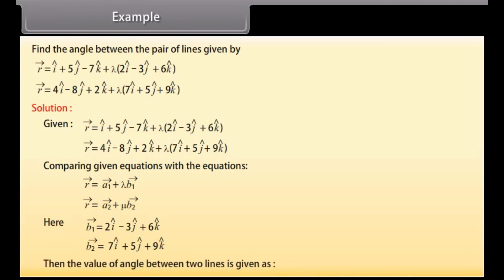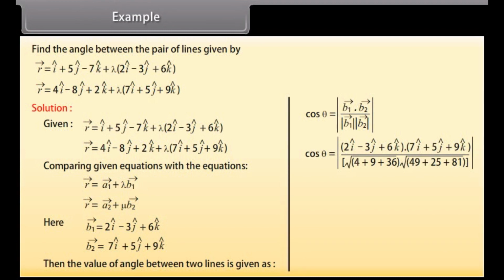Then the angle between the two lines is given as cos theta equals modulus of vector b1 dot vector b2 by modulus of vector b1 into modulus of vector b2. Cos theta equals modulus of the dot product of (2i minus 3j plus 6k) and (7i plus 5j plus 9k) divided by square root of (4 plus 9 plus 36) into square root of (49 plus 25 plus 81).